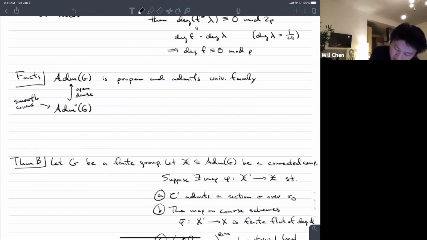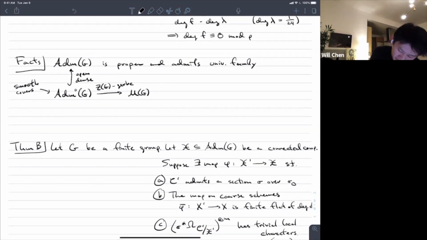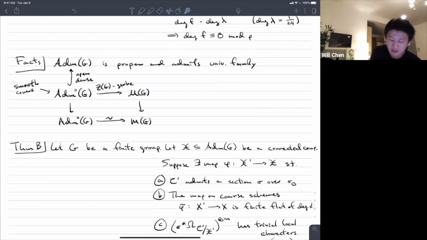If you restrict to the locus classifying smooth covers, then that admits a map to MG. And this map is a gerbe under the center of G. In particular, this implies that when you look at the induced maps on coarse schemes, it's an isomorphism. A gerbe is essentially some kind of thickening.